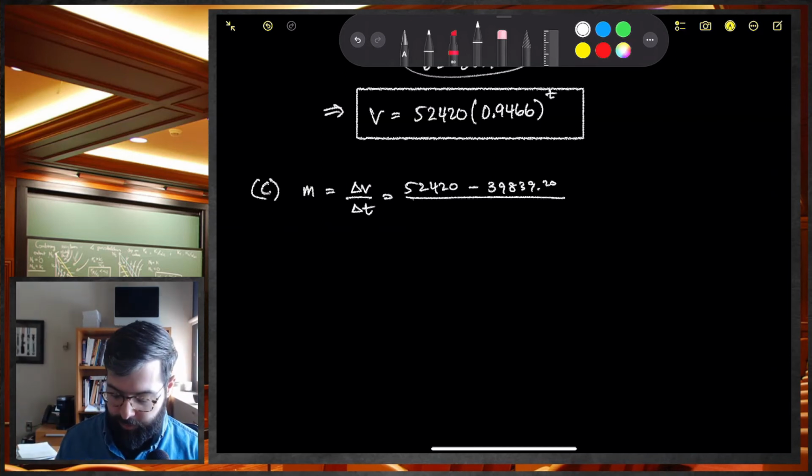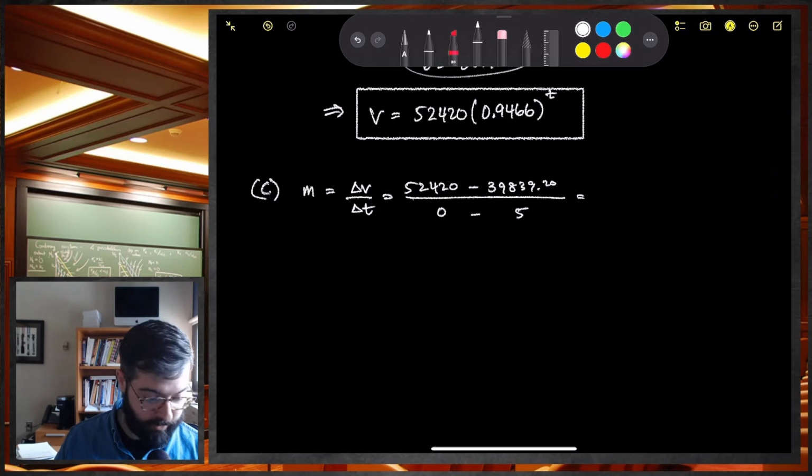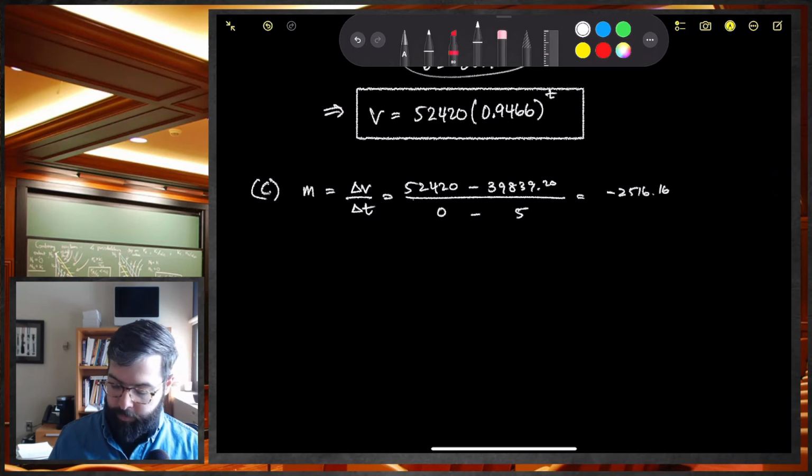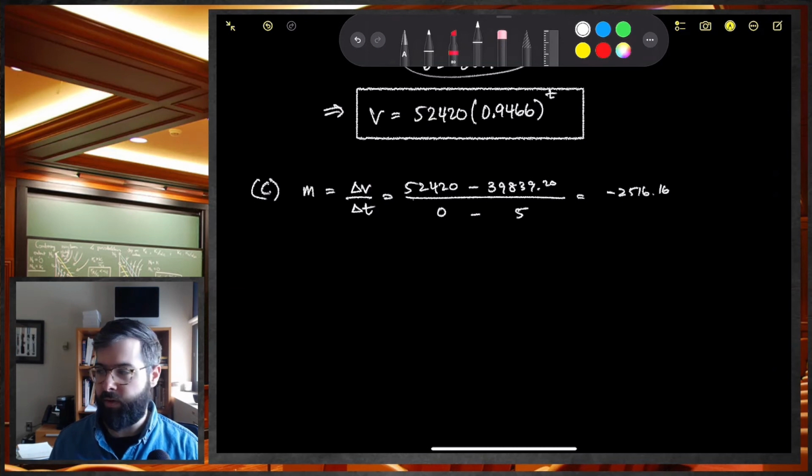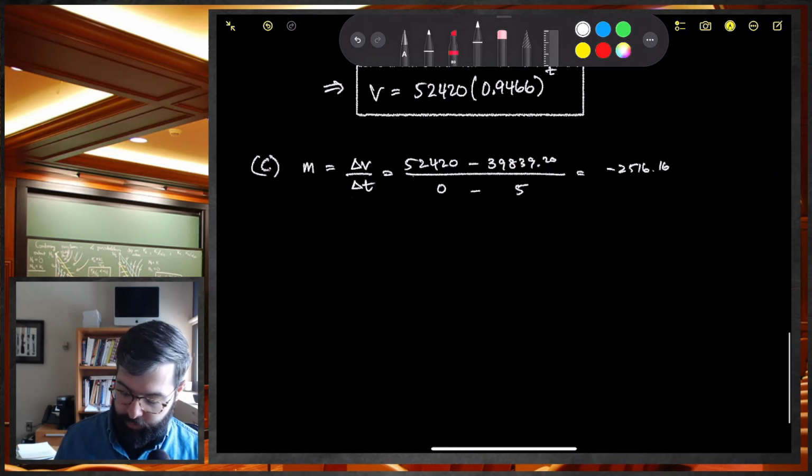But as long as we keep the points oriented properly, we'll get the correct value. So this will work out to be negative 2516.6. So losing about $2,500 per year is what this model would assume.